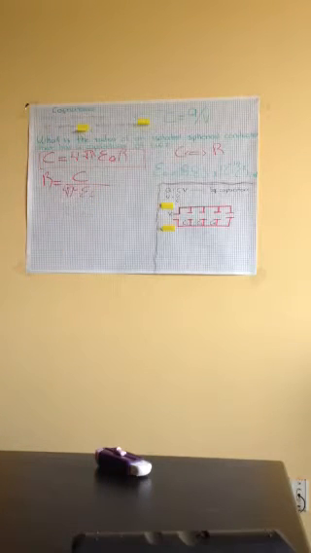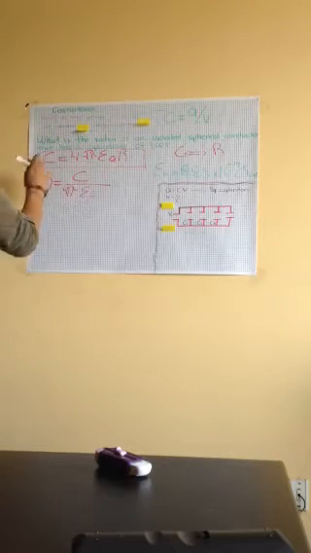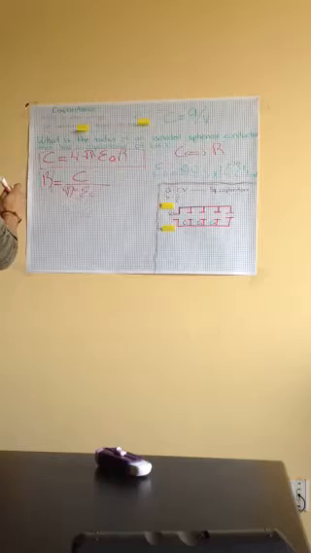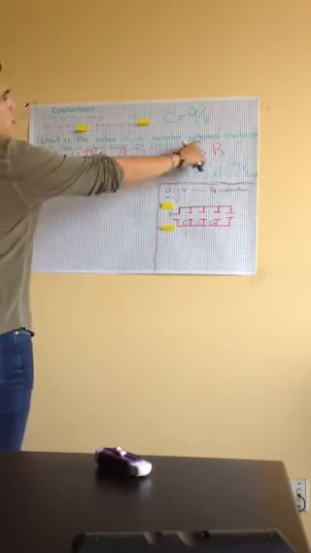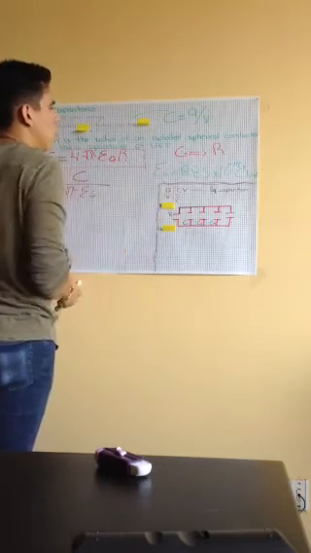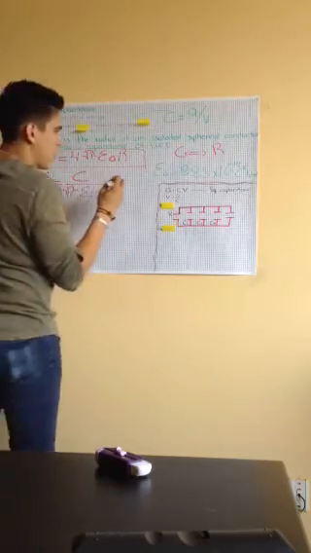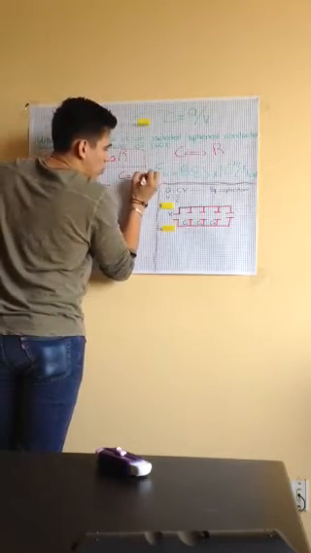So the problem says, what is the radius? So what we're looking for is going to be the radius. It says an isolated spherical conductor that has a capacitance of 1. Okay? So we know in this case that the capacitance C equals 1.